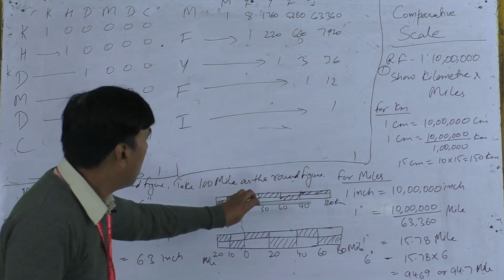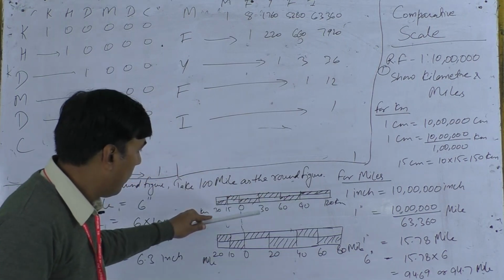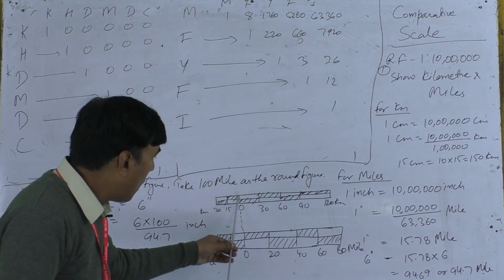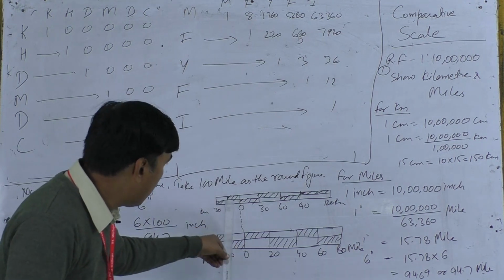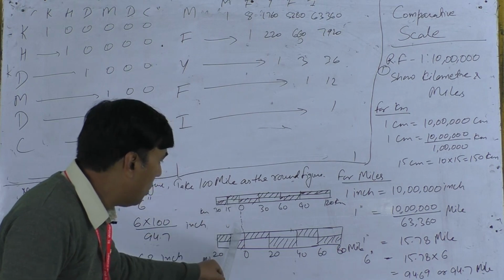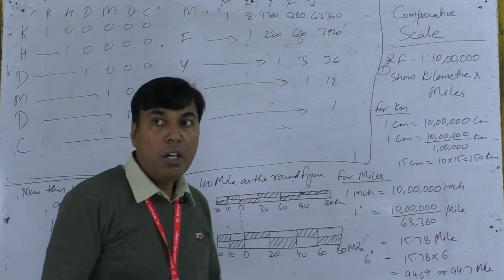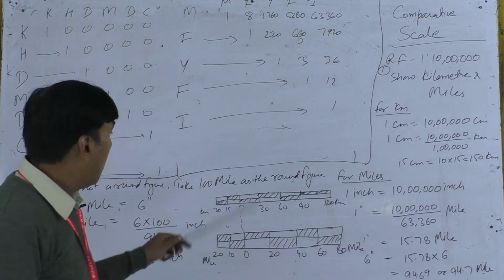When we draw this scale, we draw a perpendicular at this 0, so 0 to 0. From this point we will draw another line.